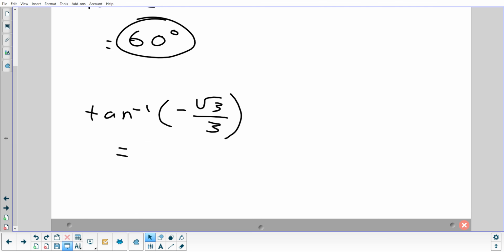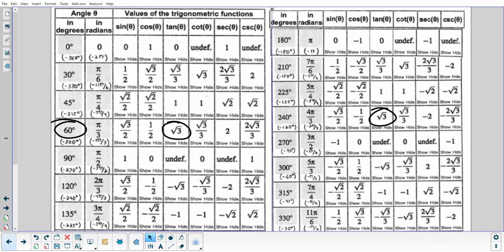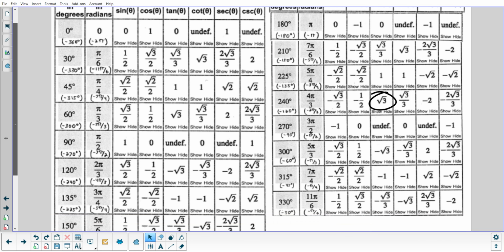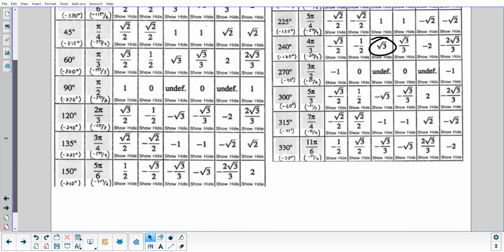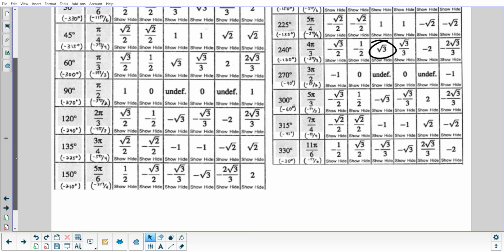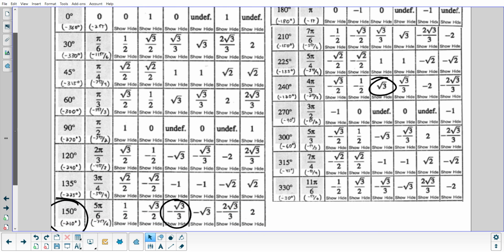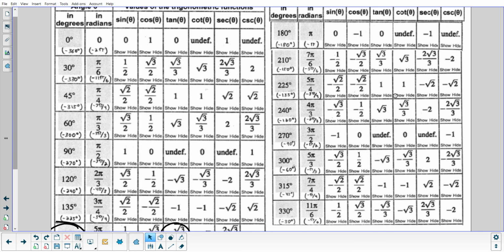And I'm not going to do as many with inverse tangent because we've been practicing a lot. Let's do the inverse tangent of negative root 3 over 3. So looking for negative root 3 over 3. So I see it here. Not really liking any of those answers. 150 and negative 210. So let's keep looking on the other side.